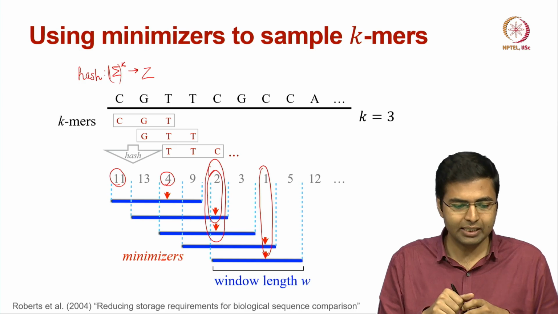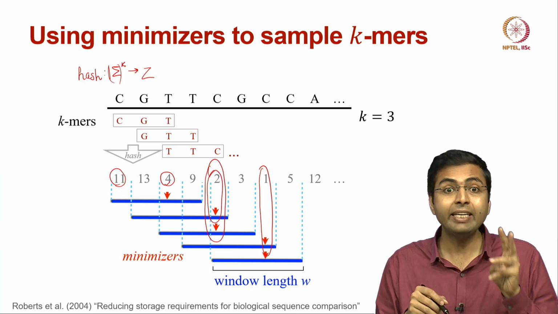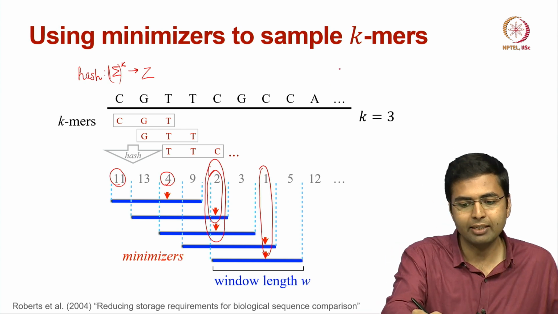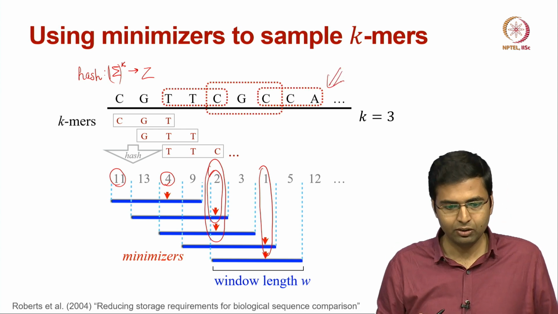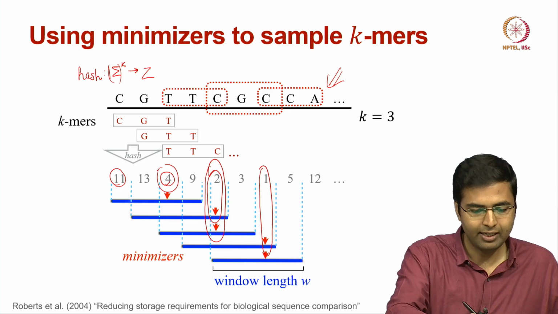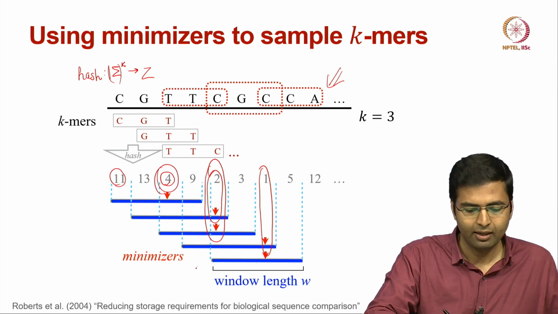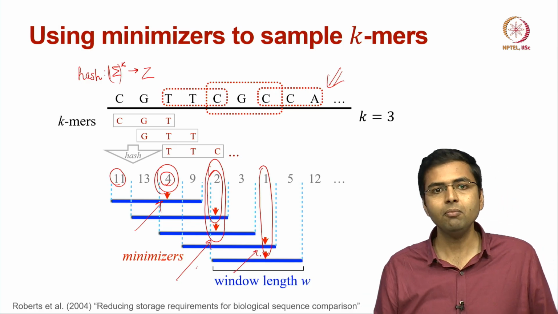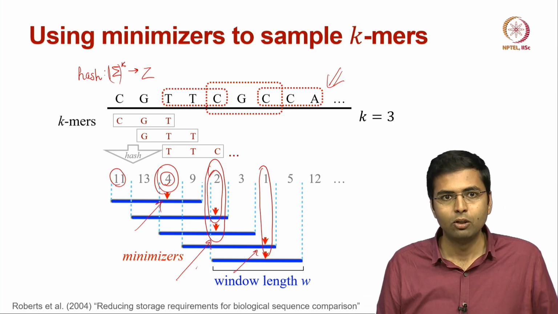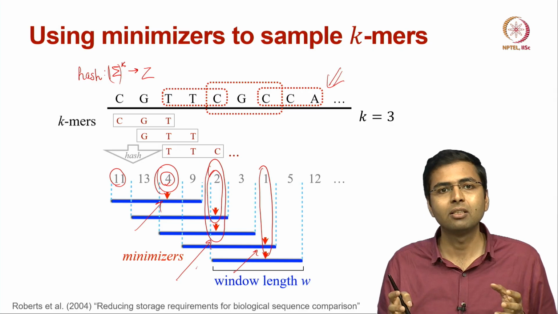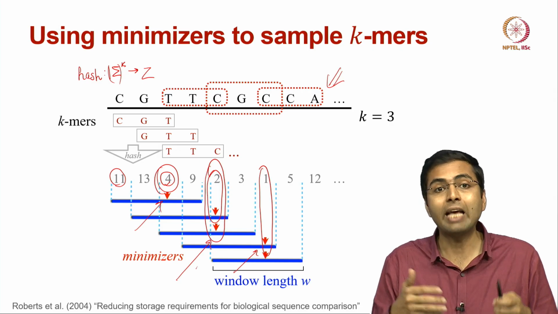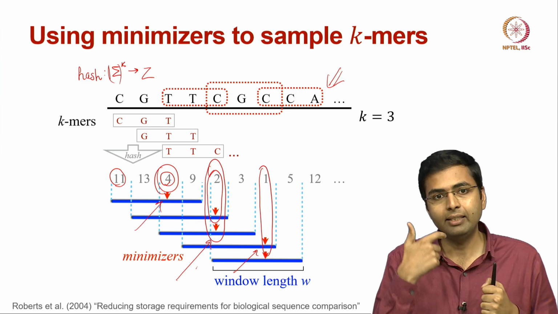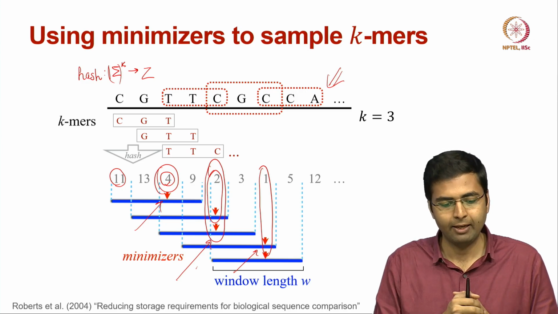So, for example, in this example we have selected 3 k-mers. Out of all the k-mers in the sequence in this particular example, we have sampled 3 k-mers, that is this k-mer right here, then this k-mer and then this k-mer. So, instead of selecting all k-mers, this technique allows us to sample k-mers using this sliding window minimum idea.